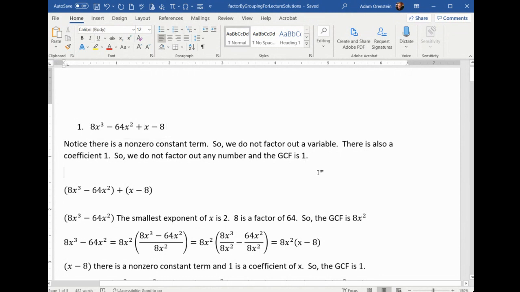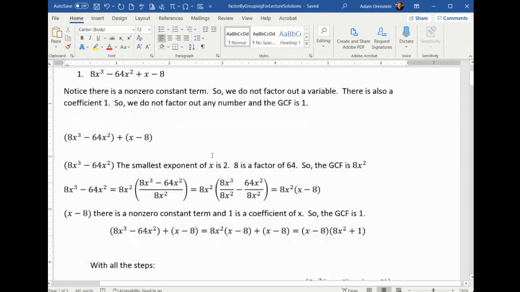So we can't factor out anything except 1, meaning the GCF is 1. In other words, the m would be 0. There's a non-zero constant term. And since there's a coefficient of 1, the only common factor is 1 among the coefficients and the constant term. So your b would be 1, hence the GCF is 1.